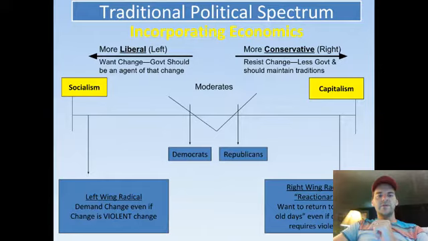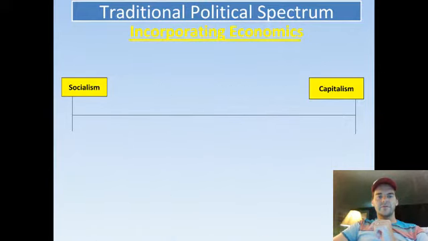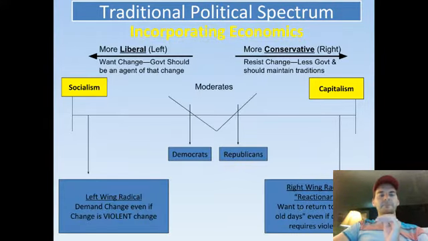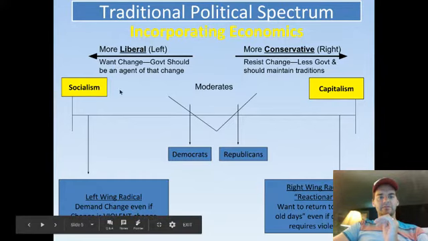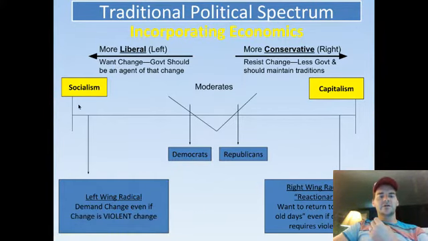What you do is you basically get rid of all the labels that we had for political points of view, because when you incorporate economics into the political spectrum, what you'll see is that, if we can go back, the left side of the spectrum, again, Democrats, liberals, they prefer socialism as their main economic system, which makes sense.